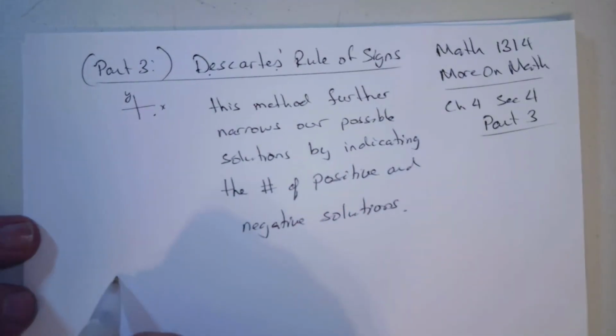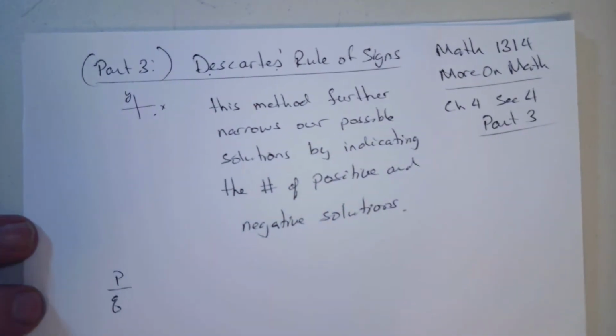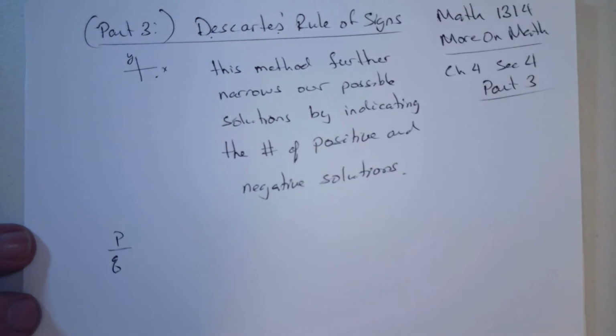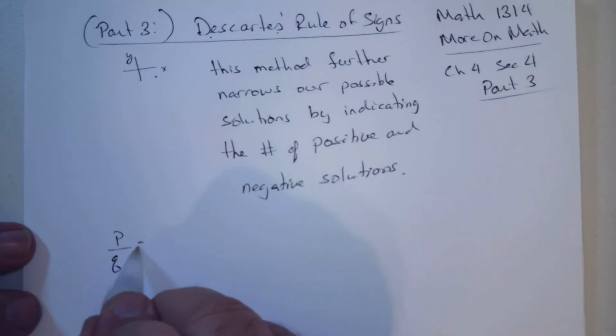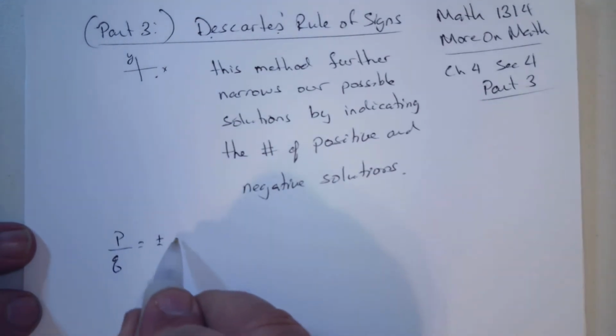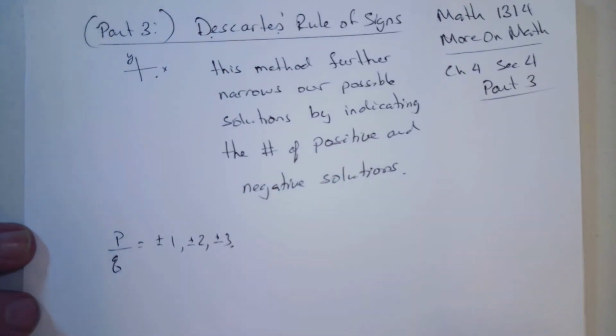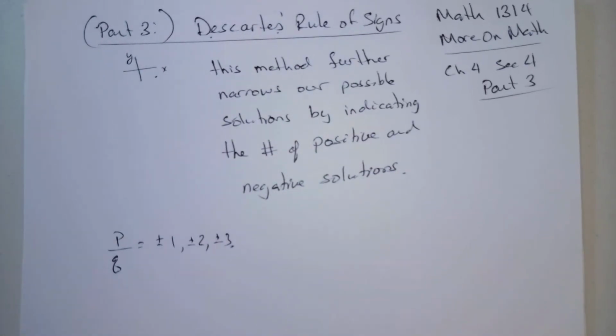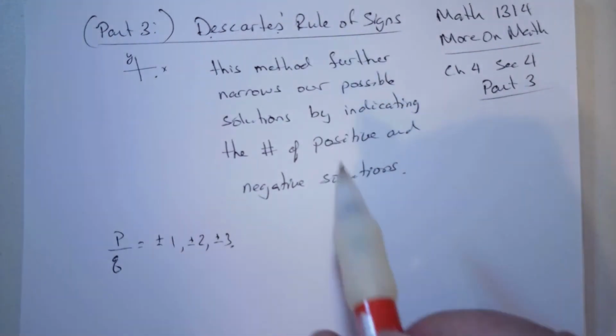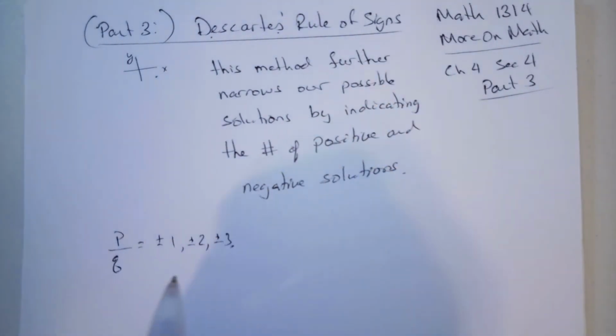Remember, when we had the rational zeros, we had a whole series of possible numbers. Like last time we had 15, 30 possibilities, 16 possibilities. What Descartes' rule of signs does is, let's say it tells us that we have 4 positives.